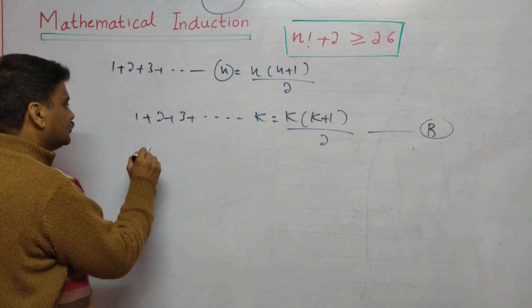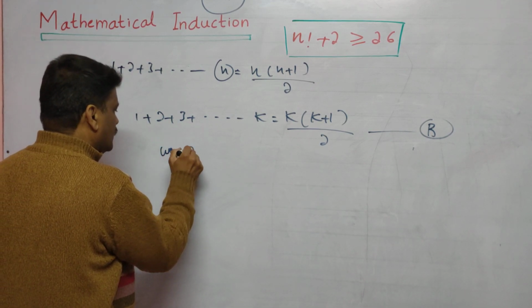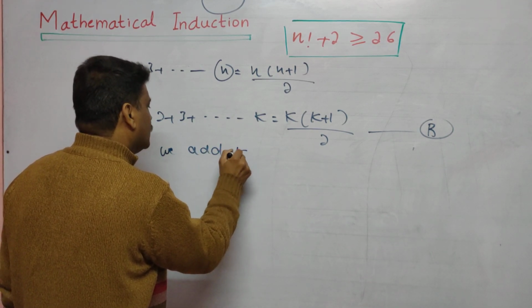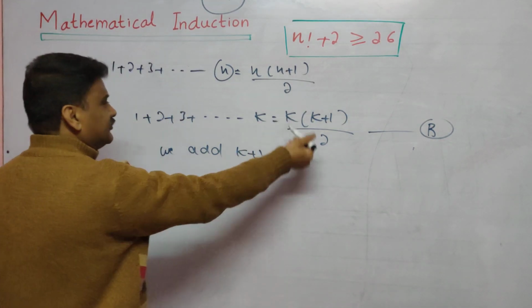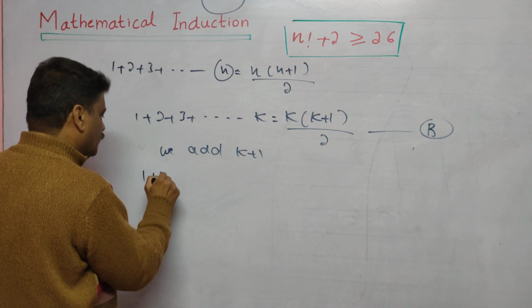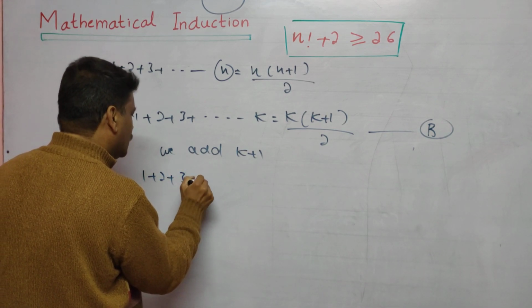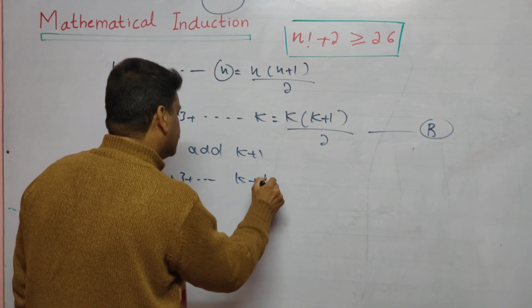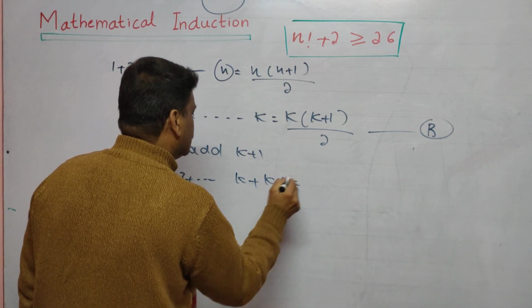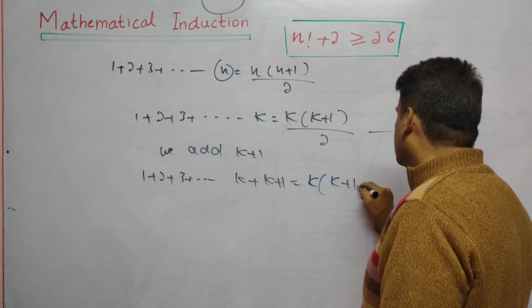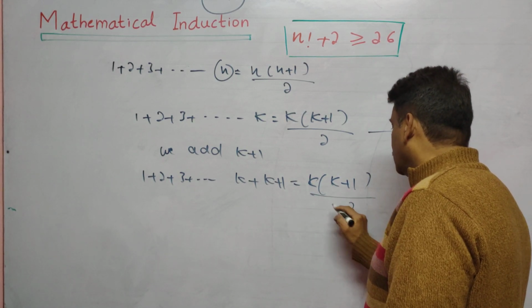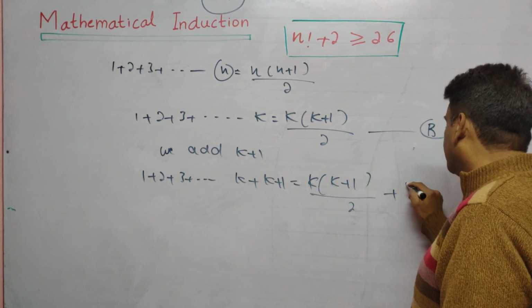So we add k plus 1 in the above statement B. 1 plus 2 plus 3 up to k plus 1 is equal to k times k plus 1 by 2 plus k plus 1.